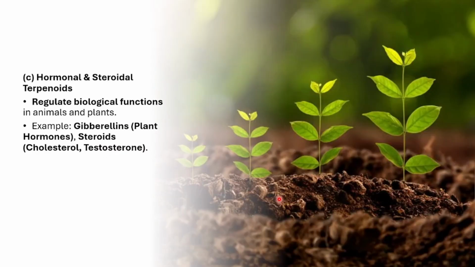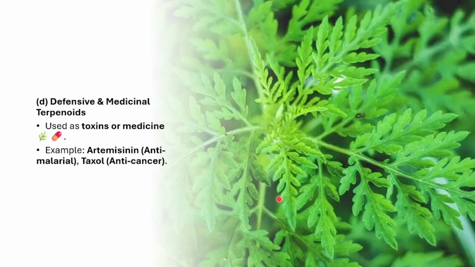Hormonal and steroidal terpenoids regulate biological functions in animals and plants. The example of plant hormone is gibberellins, and cholesterol and testosterone are examples of steroids. These are the plant and human hormones.